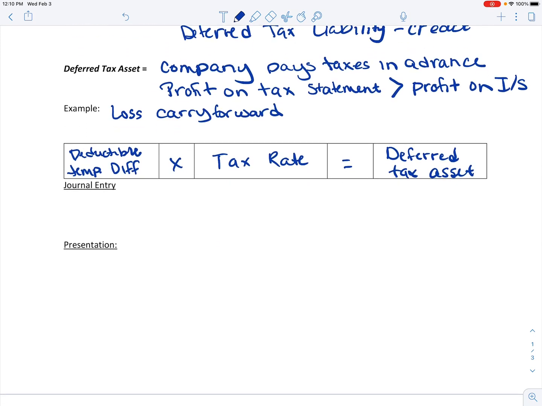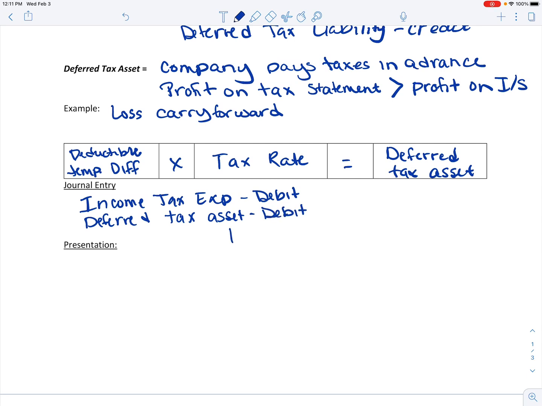The journal entry that we would need to record that deferred tax asset is going to, again, be the debit to your income tax expense. We're also going to debit this deferred tax asset. And then our credit will be to that income tax payable.